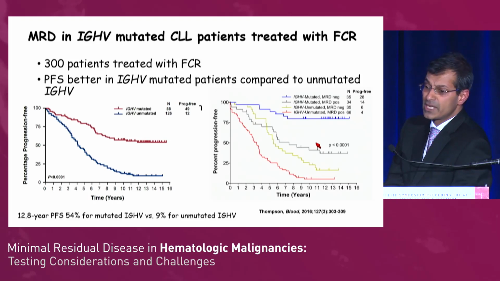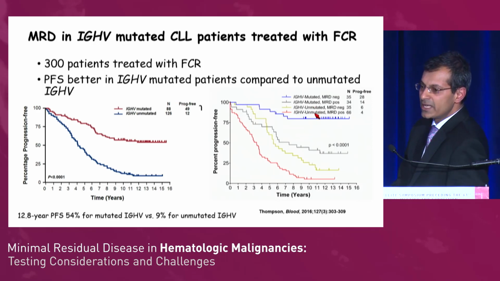Now, this is a study of 300 patients in CLL from a single institution, and IGHV mutated patients have a better prognosis. The follow-up of this study was close to 13 years, and as you can see, the IGHV mutated patients following 6 cycles of FCR therapy did phenomenally well.